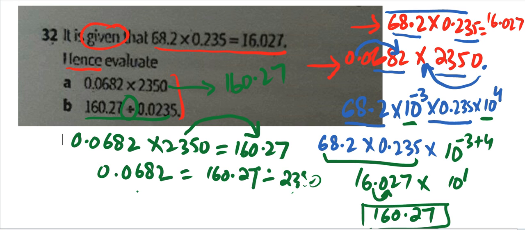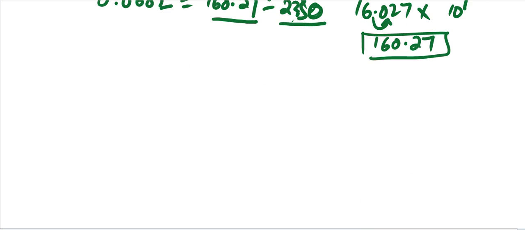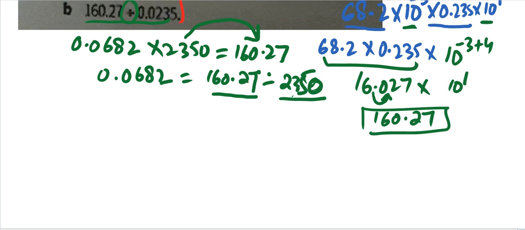Now, 160.27 divided by 2350: you can see that the only number we have to change is 0.0235, and 160.27 is already in the same form as is required. So I will change this 2350 according to 0.0235.